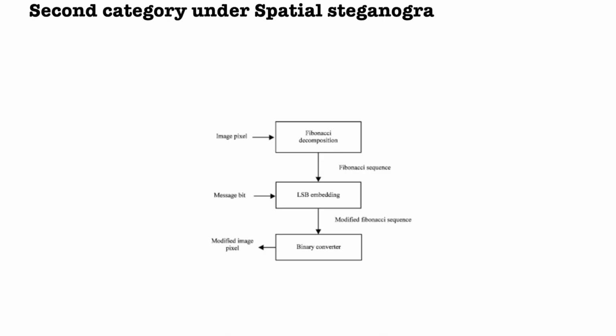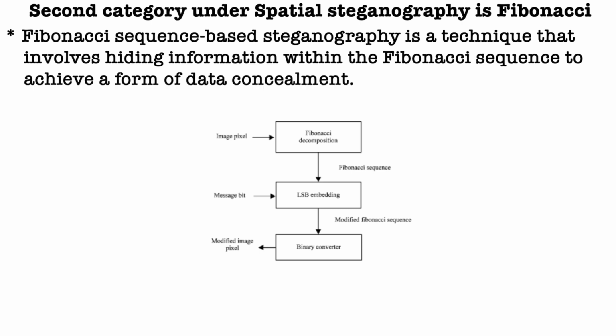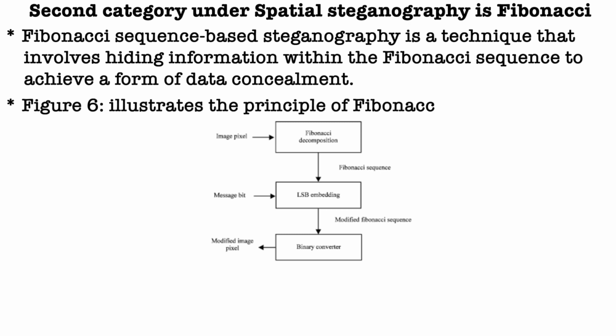The second category under spatial steganography is Fibonacci methods. Fibonacci sequence based steganography is a technique that involves hiding information within the Fibonacci sequence to achieve a form of data concealment. Figure 6 illustrates the principle of Fibonacci based steganography.